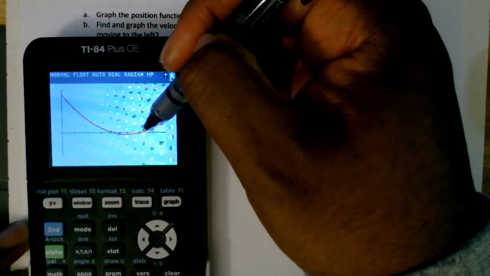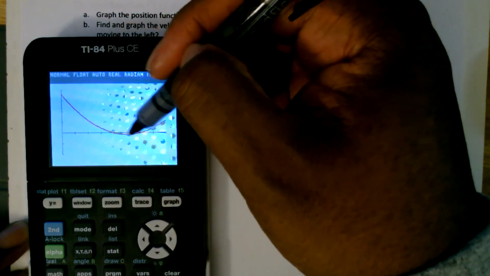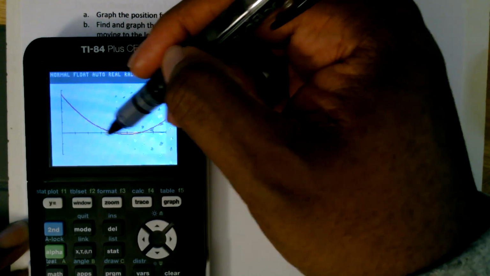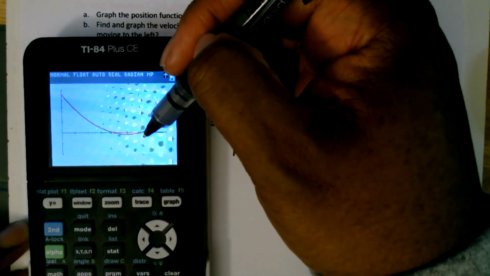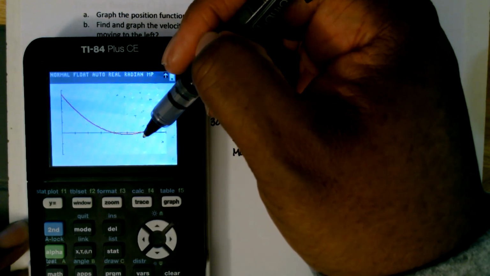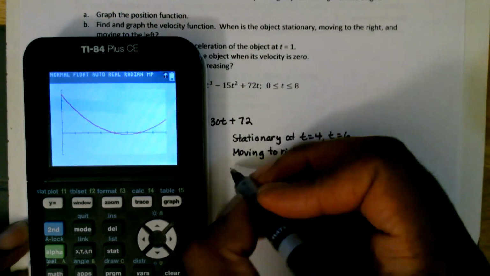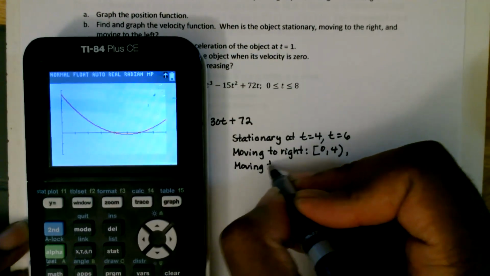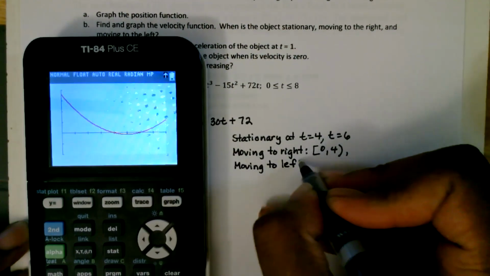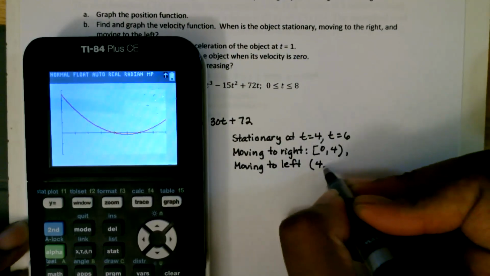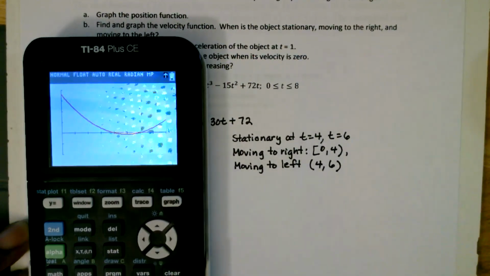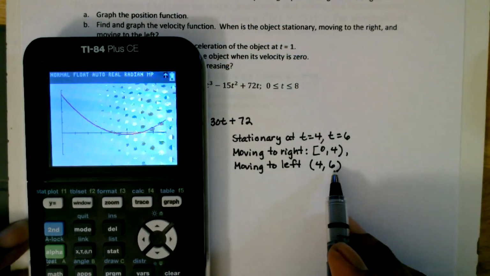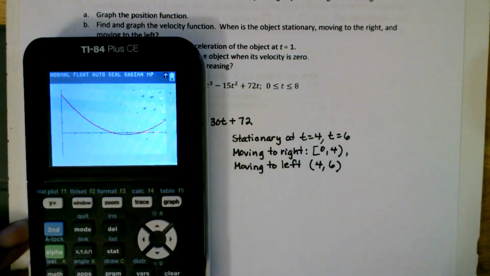But between 4 and 6, notice that the curve is below the x-axis. That means the object is moving to the left. So I'll say moving to the left, and that's between 4 and 6. Those endpoints in this case are not included because at 4 and at 6, the object is stationary.